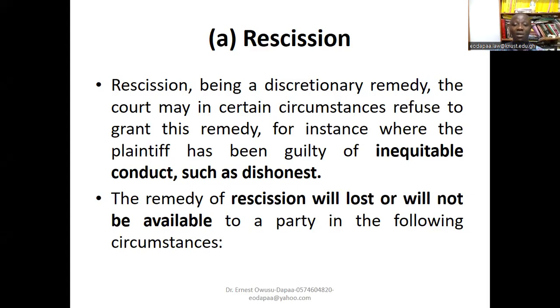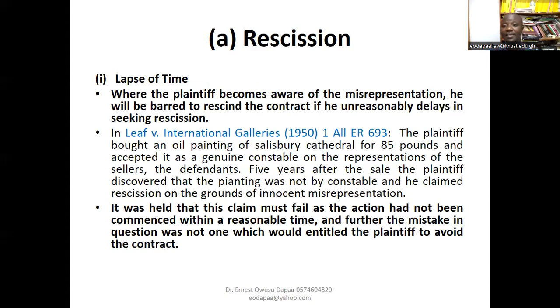The remedy of rescission will be lost or will not be available to a party in certain circumstances where there has been lapse of time, meaning that we know that we say that delay defeats what? Equity. So where you become aware that you are a victim of misrepresentation, but you don't timeously take steps to set aside the contract, to rescind the contract, then after a reasonable delay, you will not be able to do that, as happened in the case of Leaf against International Galleries.